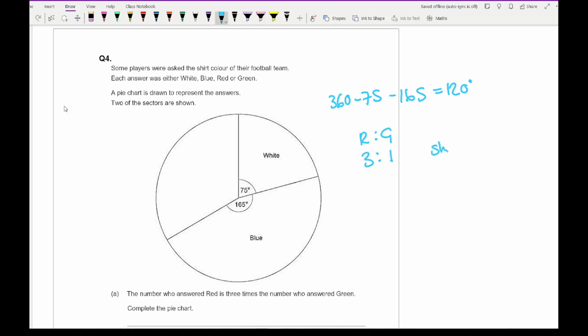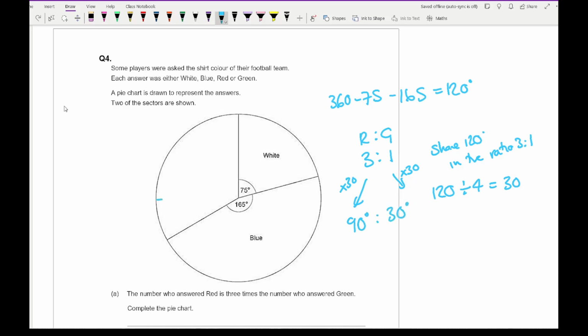So I need to share 120 degrees in the ratio of 3:1. So I do 120 divided by 4, which equals 30, and I'm going to multiply each of these numbers by 30. So the red angle is going to be 90 degrees and the green is going to be 30 degrees.